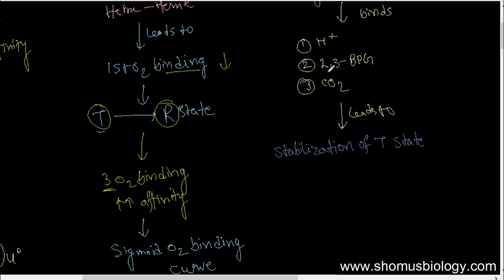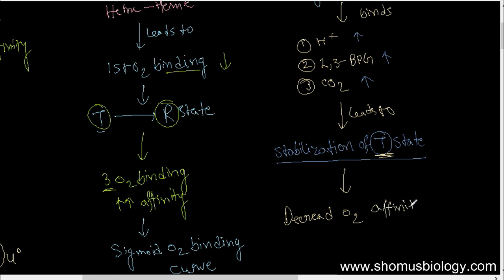So if there is more H plus, more 2,3 BPG, more CO2 in an environment, that leads to stabilization of the T state of the hemoglobin. And if the T state of hemoglobin is stabilized, then what will happen? That leads to decreased oxygen affinity of hemoglobin.